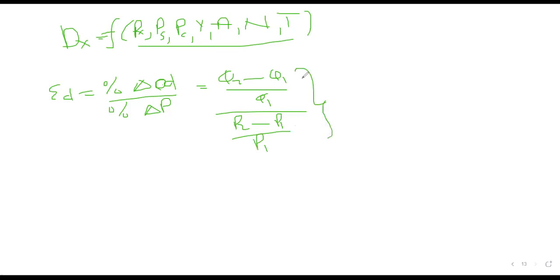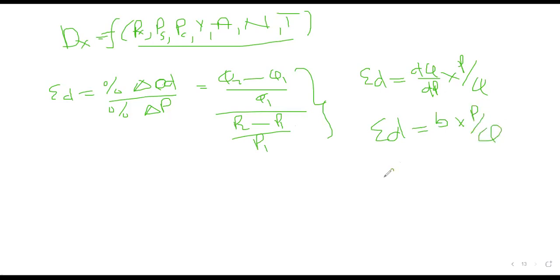So this is how we calculate it. Using calculus, elasticity of demand is dQ over dP times price over quantity. Or elasticity of demand is B times price over quantity if you're using a direct demand function, or if you're using an inverse demand function, it is 1 over B times price over quantity. This is the easiest computation you can ever use.